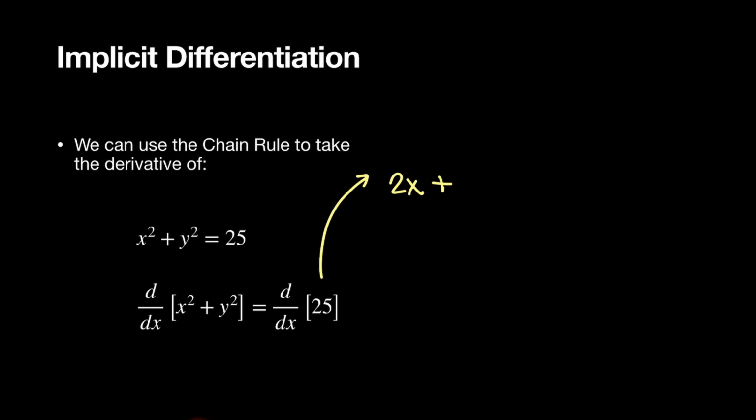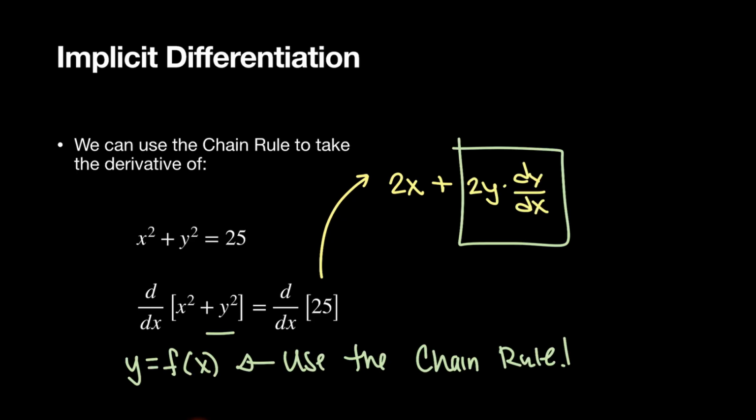Plus, now to take the derivative of y squared, we are going to treat y as a function of x. y is our output variable, and so we're going to have to use the chain rule. We have some function y squared, so when we take the derivative, we get 2 times y.